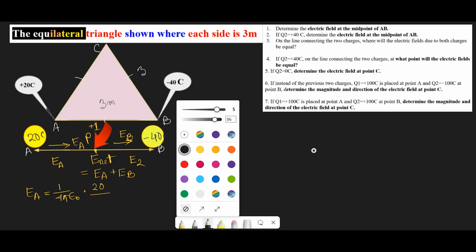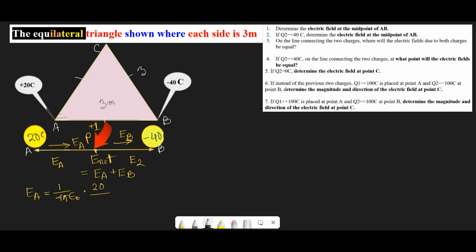So the total distance is 3 meters from here up to B. So half means 1.5 meters. So in that case, here will be 1.5 whole square.